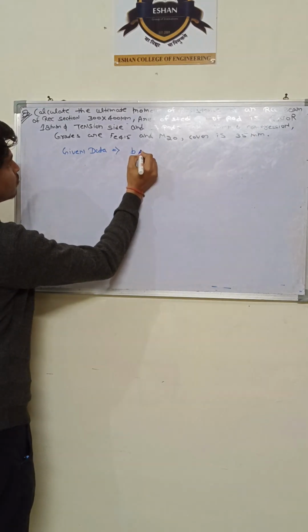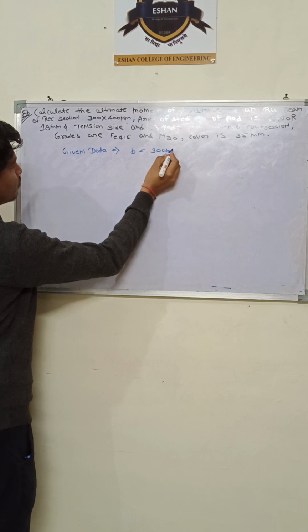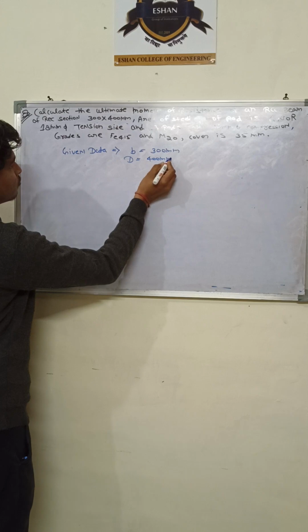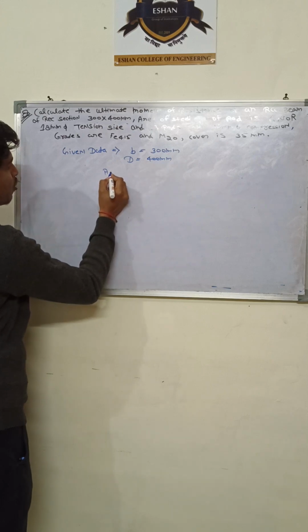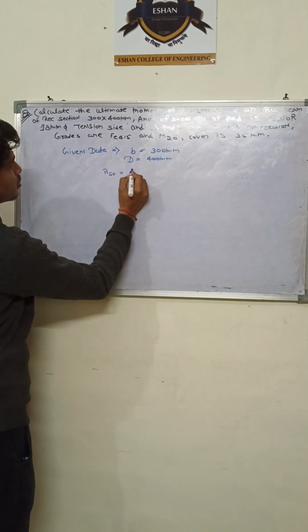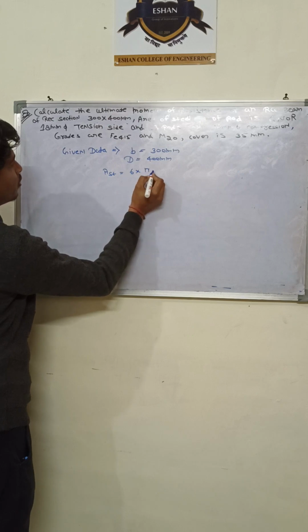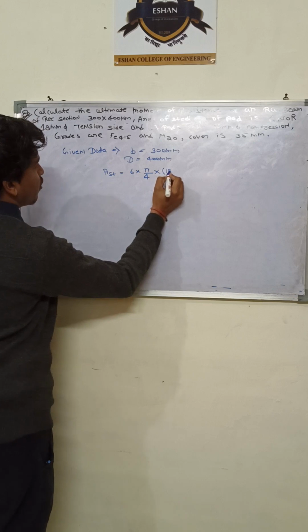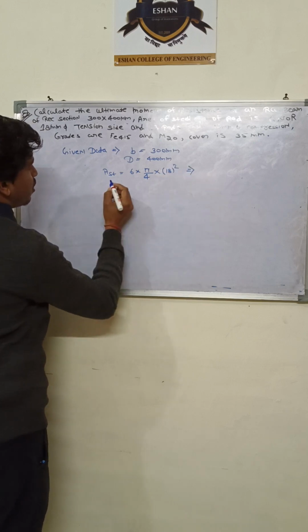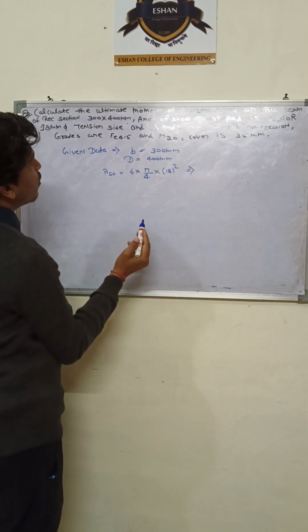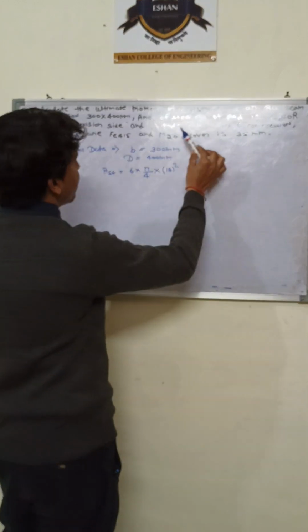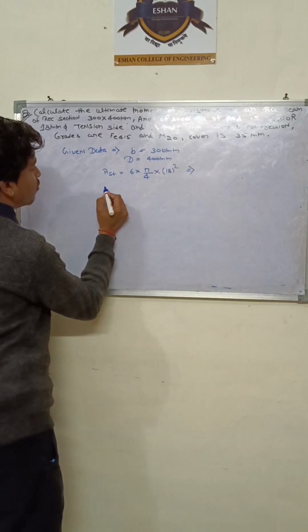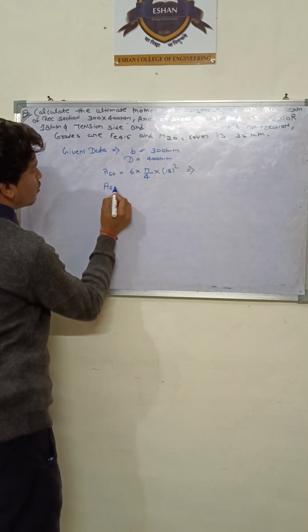Width of the beam is 300 mm and depth of the beam is 400 mm. Area of steel, denoted by Ast, is 6 rods into pi by 4 into dia 18 mm squared. And for the compression side, 3 rods of 18 mm dia, the area of steel in the compression zone is denoted by Asc.